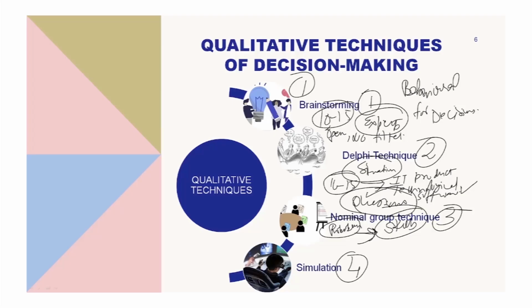Okay, so in the nominal group technique, the point is the problem that the company is facing. Next is the simulation technique. Simulation technique is where a real life situation is planned in an experimental way. Suppose the company is facing the problem that customers are dissatisfied because of the staff behavior, or because of the poor performance of the service delivery.